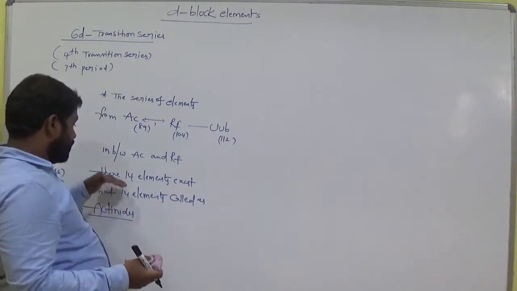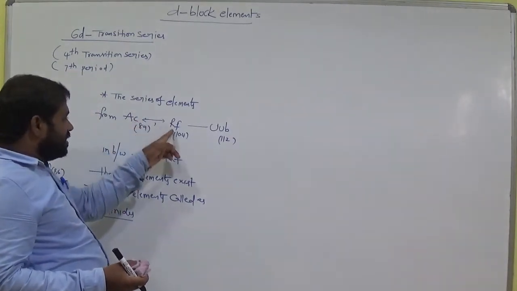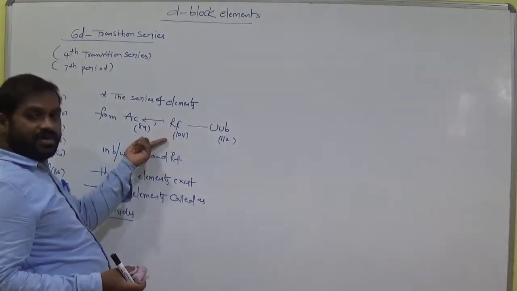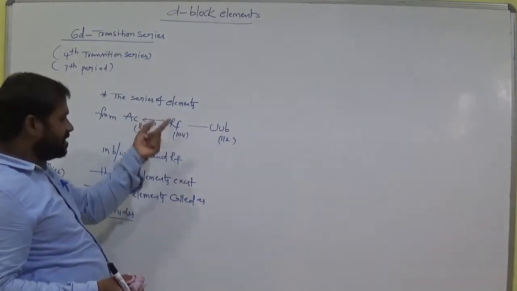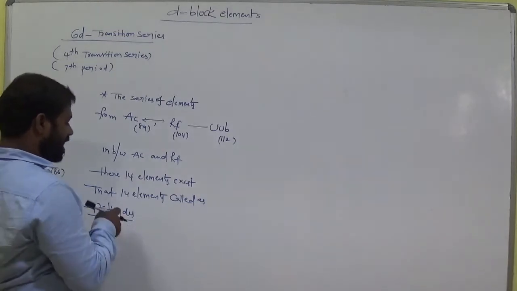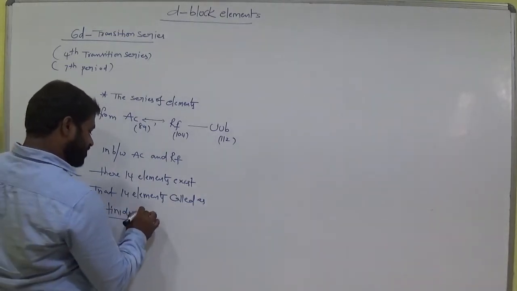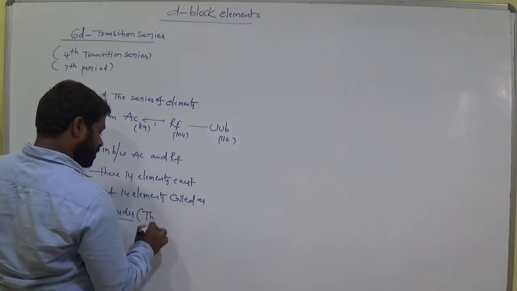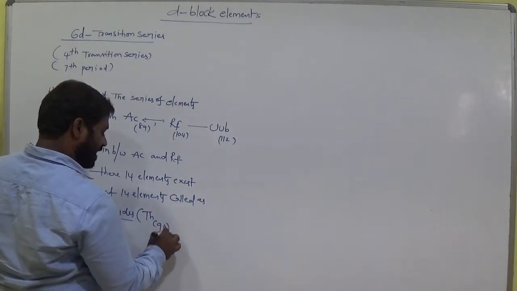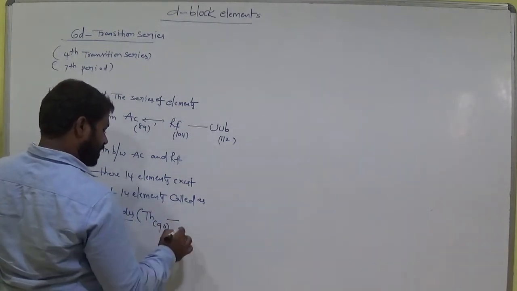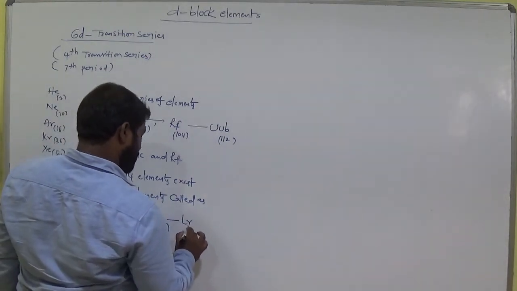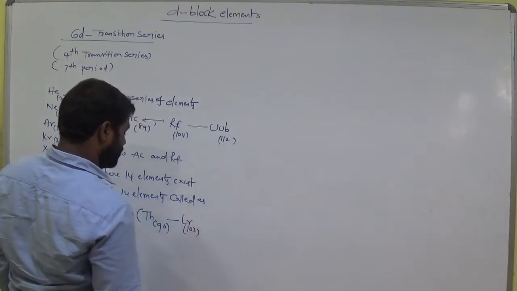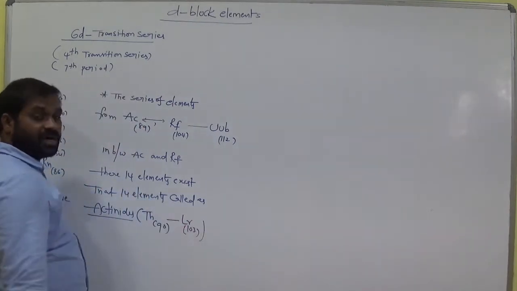Now, in between actinium and Rutherfordium there are 14 elements, called actinides. Actinides start from thorium, atomic number 92, and go to lawrencium, 103.